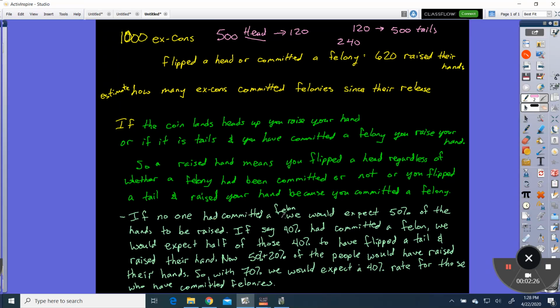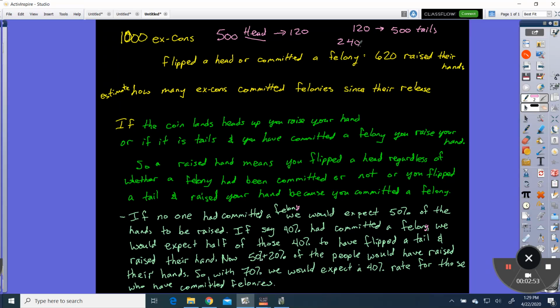If no one had committed a felony, we would expect 50% of the hands to be raised. If, say, 40% had committed a felony, we would expect half of those 40% to have flipped a tail and raised their hand. So now 50 plus 20% would be 70% of the people raising their hands. So at 70%, we would expect a 40% rate for those who have committed felonies.